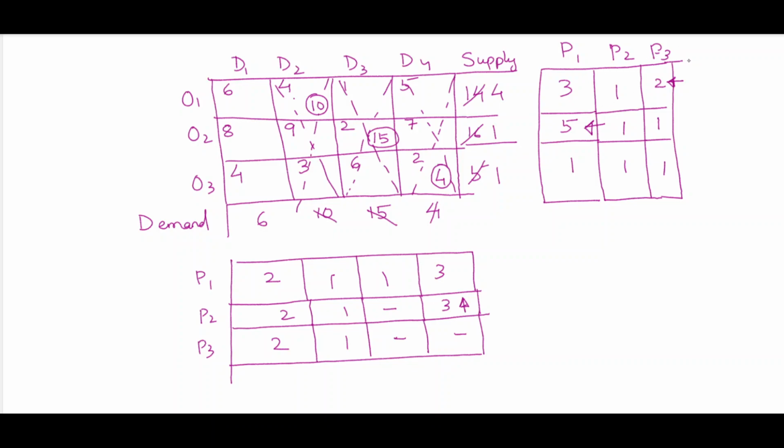Next we will go for penalty 4. Compute penalty 4 here. All 3 columns have been exhausted. Only remaining is 6, so we will write down 6. Here also 8, here it is 4.